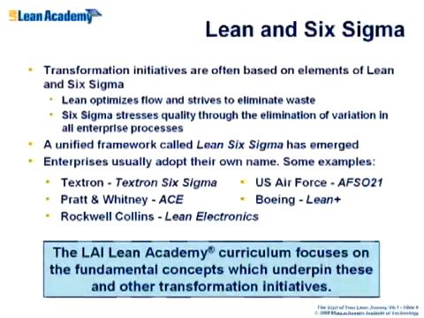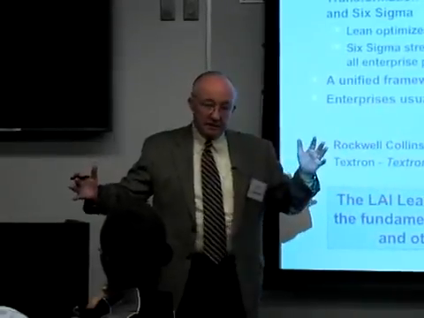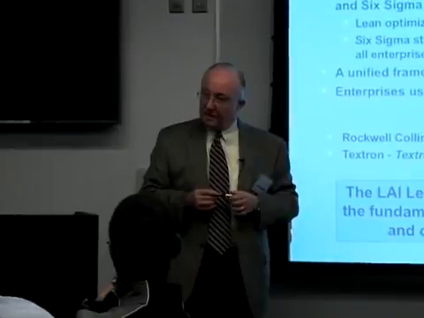We talked about the fact that lean optimizes flow and eliminates waste. Six Sigma stresses quality through the elimination of variation. And certain companies have put all their focus on Six Sigma, and other companies have adopted lean. And over the last 10 or 15 years, we've seen a convergence of companies that use both.